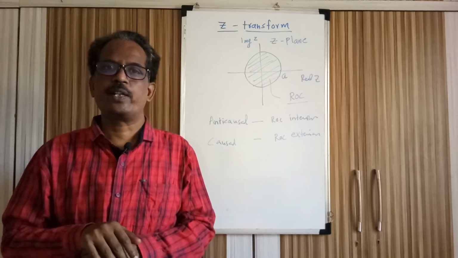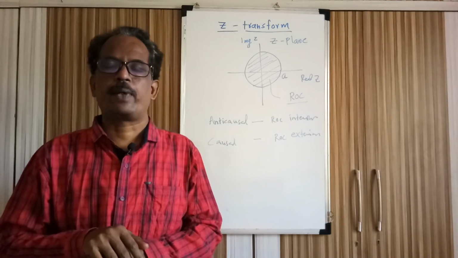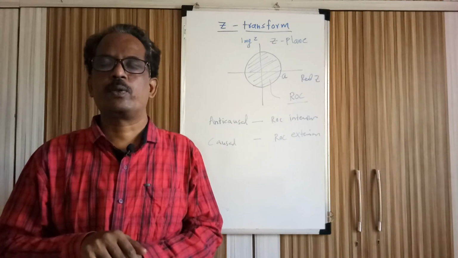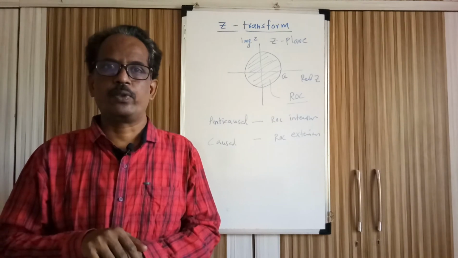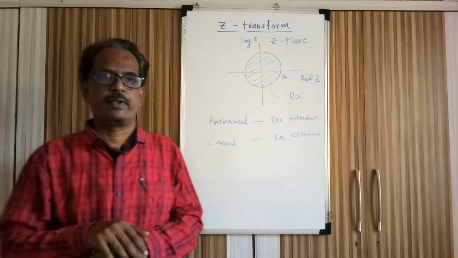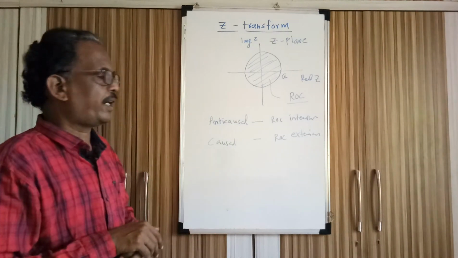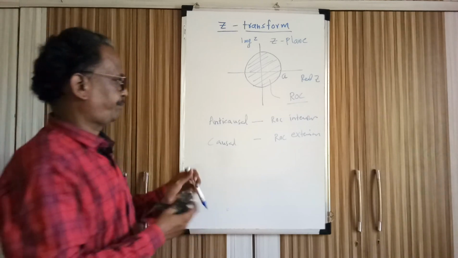So in both the cases, a raised to n u of n and minus a raised to n u of minus n minus 1, we found that the Z transform is the same, but the ROC is different.